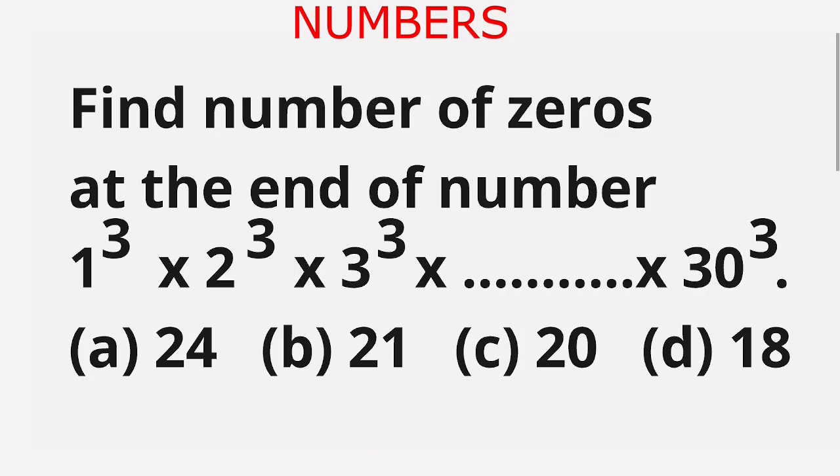Our question is, find the number of zeros at the end of the number 1 cube multiplied by 2 cube multiplied by 3 cube multiplied by, this goes up to, multiplied by 30 cube. The given options are option A 24, option B 21, option C 20, option D 18.